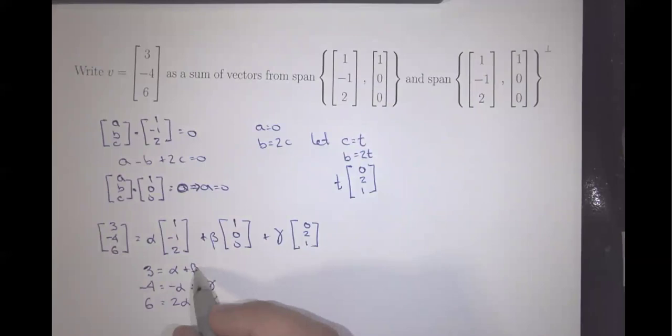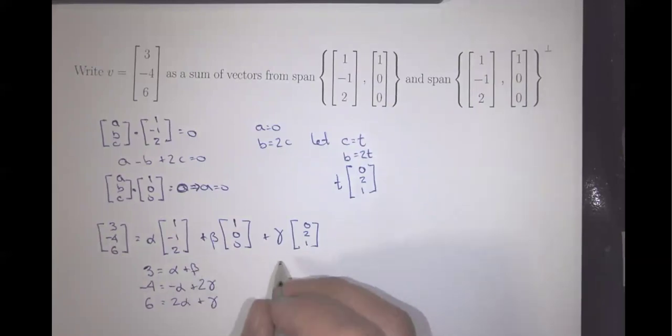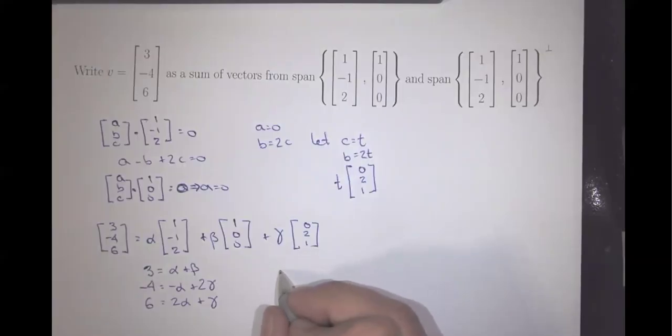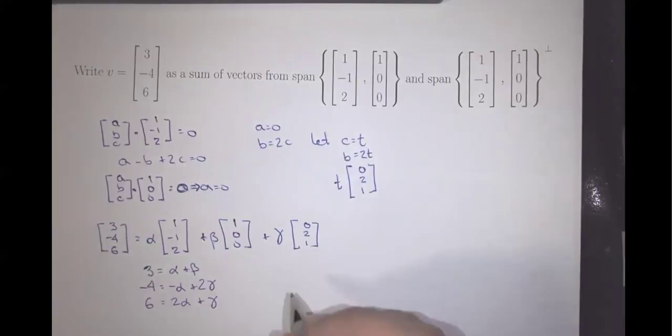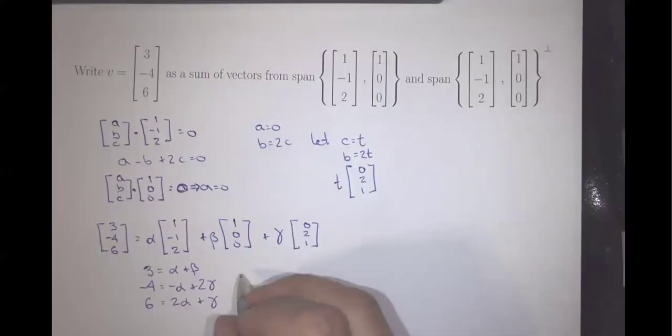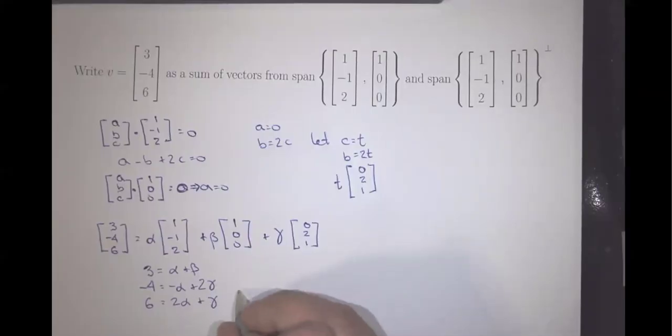So if I add the first and second equations together, I get, oh, that won't be any good. Well, let's double the second equation and add it to the third equation.